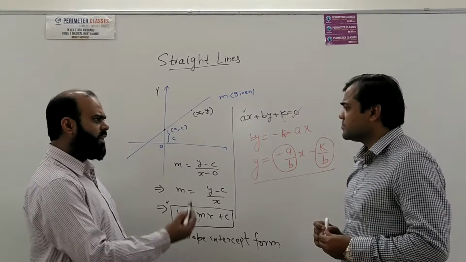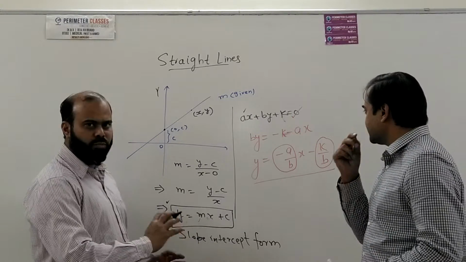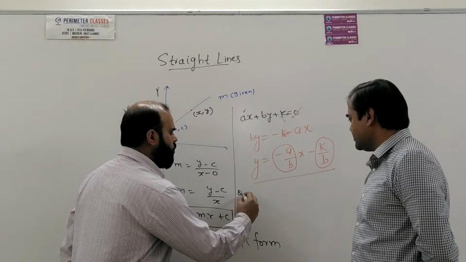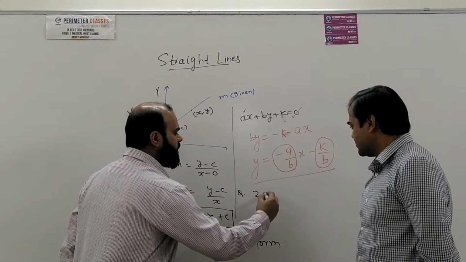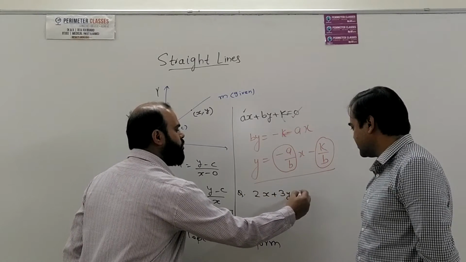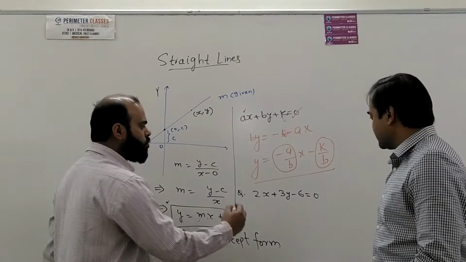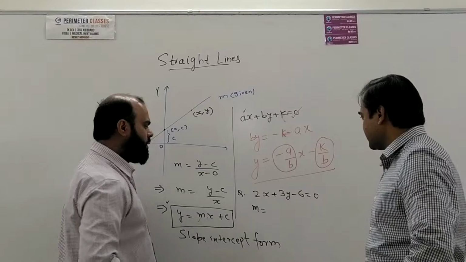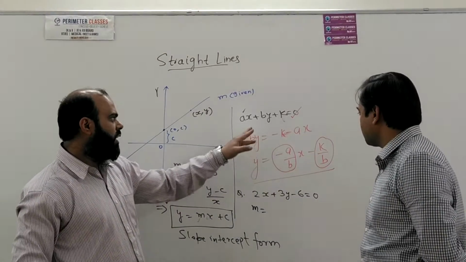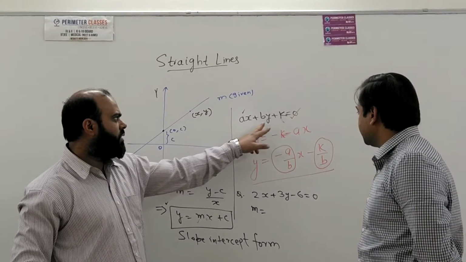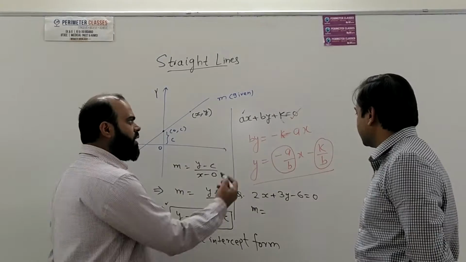If I take an example to make you understand it more easily, can we say that 2x plus 3y minus 6 equal to 0 is a general equation of a straight line? Tell the slope. It is minus a by b, where a is the coefficient of x and b is the coefficient of y, and negative of that.